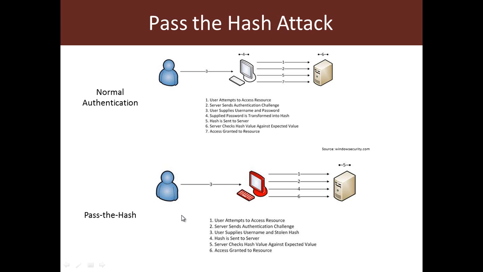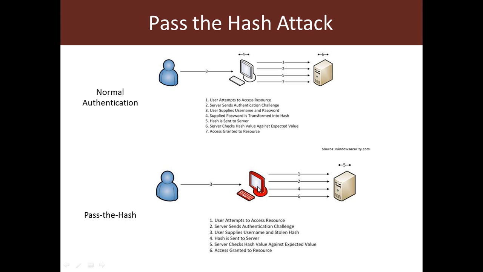Pass the hash makes just one small modification. Normally, after the user enters his username and password, it is hashed. In pass the hash, the user attempts to gain access to a resource and also has access to the hash for a given username, which he may have stolen from some other computer.